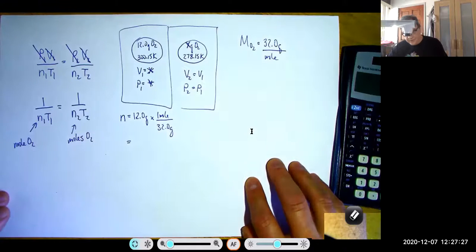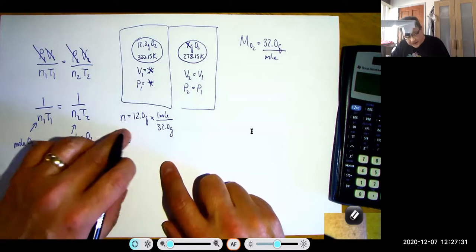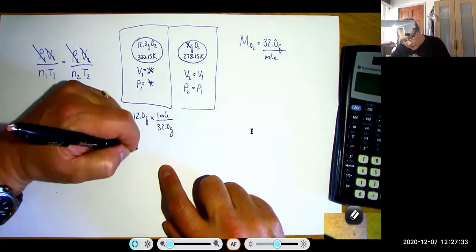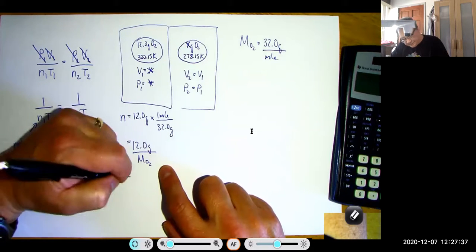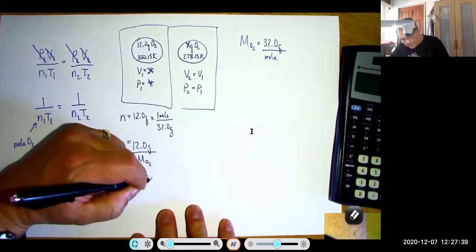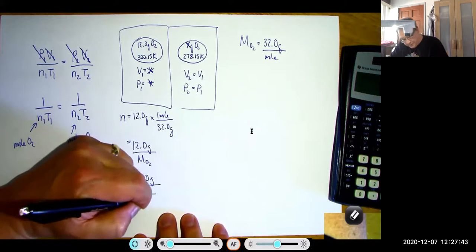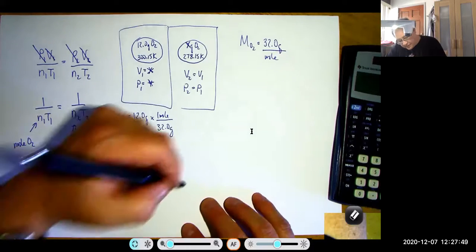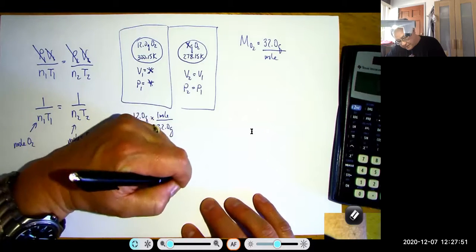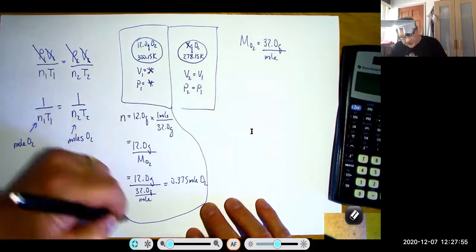So what I'm doing here to get the moles of O2 is I'm basically taking 12 grams and dividing by the molar mass of O2. And this is the number I get. So this is all for the first set of conditions.